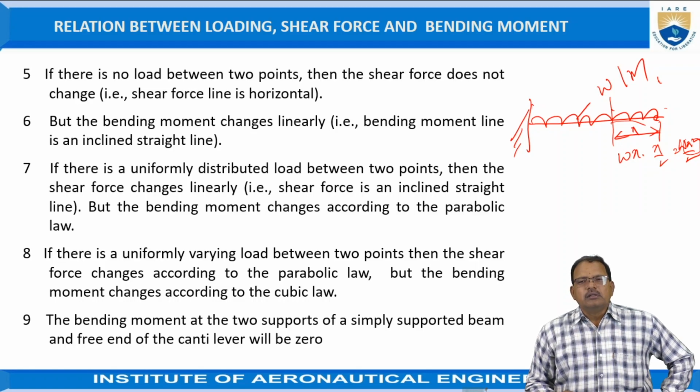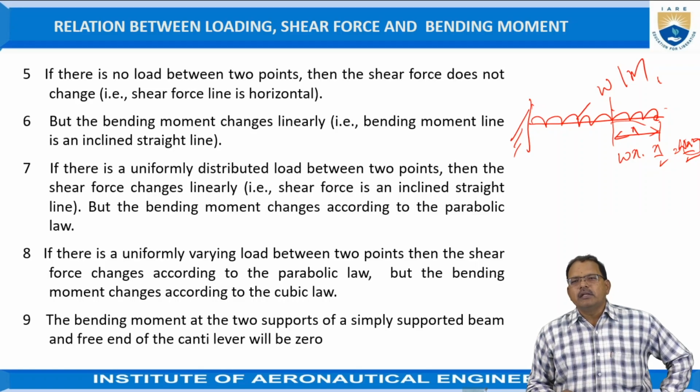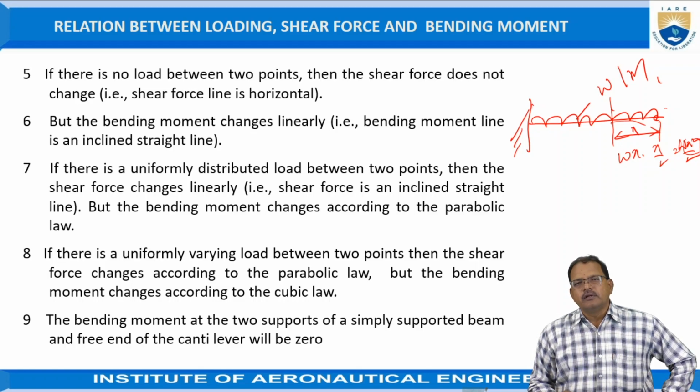Hence the bending moment is changing according to the cubic law. The bending moment is always 0 at the free end, or at the supports which are freely supported to the beam.